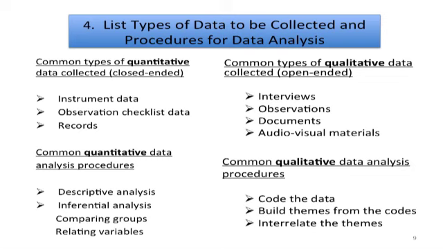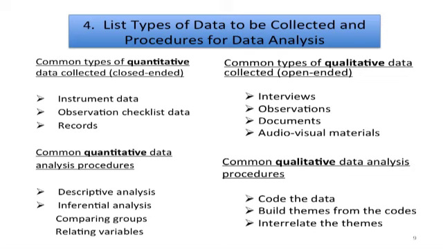Now, the quantitative forms of data really fall into three types. You're gathering data on instruments, you're gathering data through an observational checklist, or you're looking at records such as school attendance records or patient records.